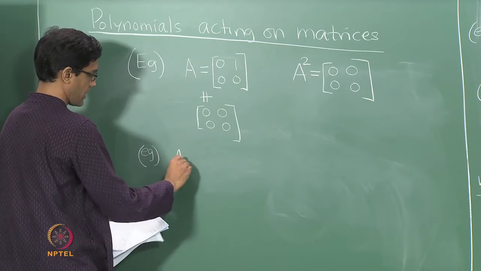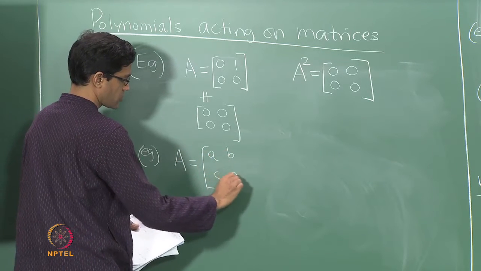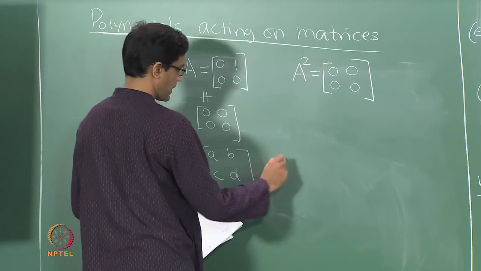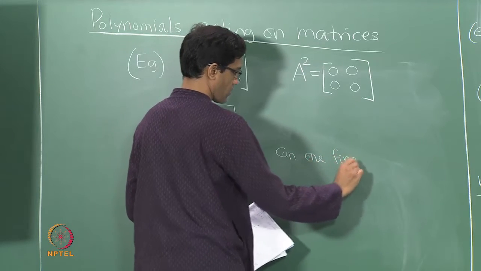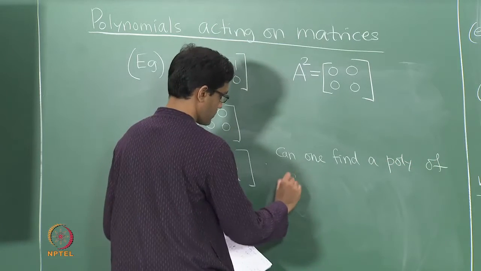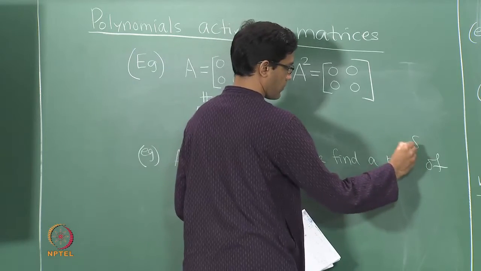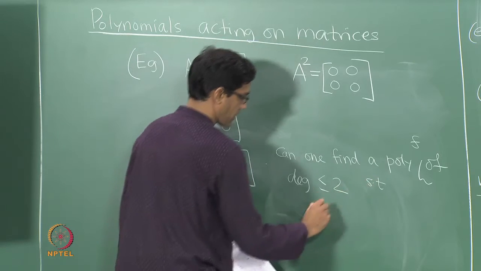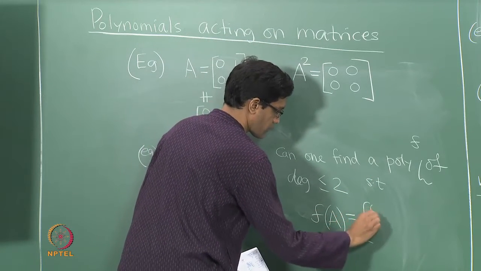Okay. So let us take an arbitrary matrix of size 2, A, B, C, D, and ask the following question: can we find a polynomial of degree at most 2, let's give it a name, say a polynomial f of degree at most 2, such that f applied to this matrix would give you the 0 matrix.